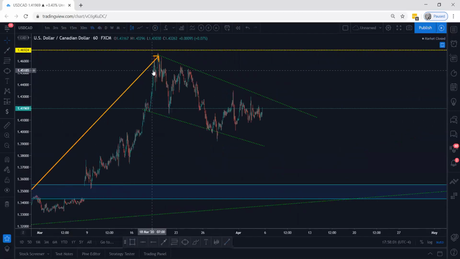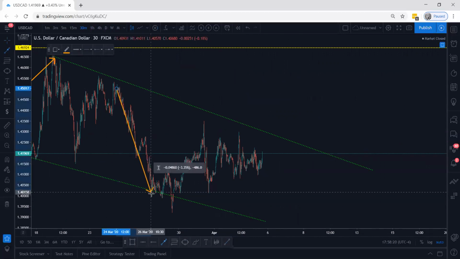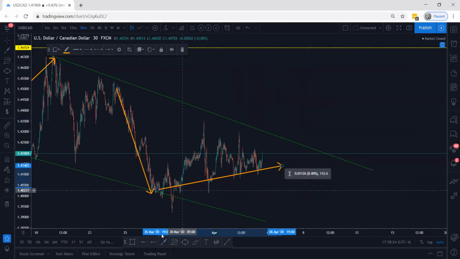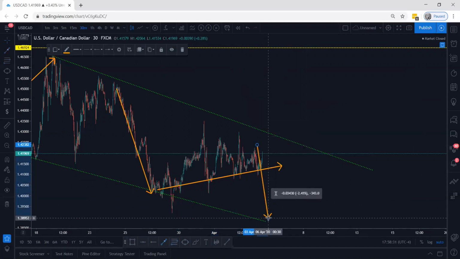So again, we have our impulse. We have our corrective flag. I have an impulse here. I have a correction here. So knowing this, price is going to sell down to the bottom of this flag.